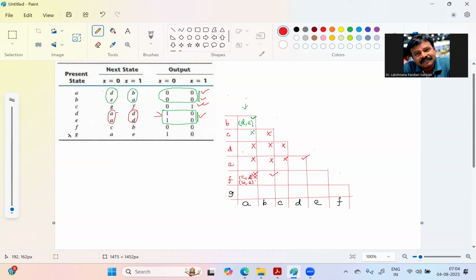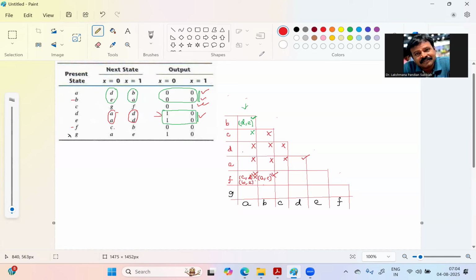B goes to D, C, and F goes to E, C. So we have the pair E and C. E and C do not have the same output, so it is not possible.